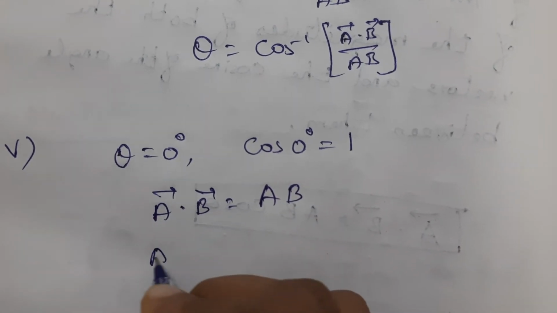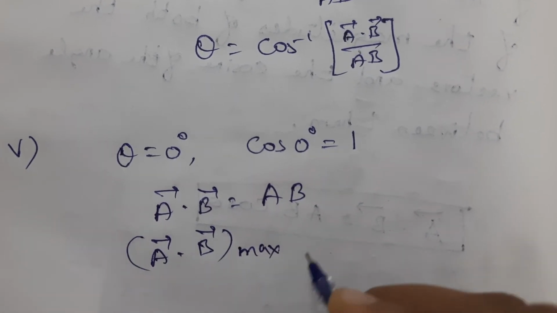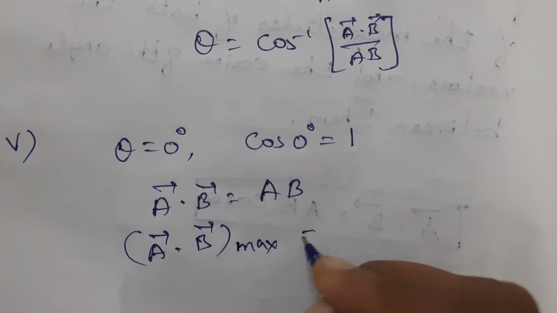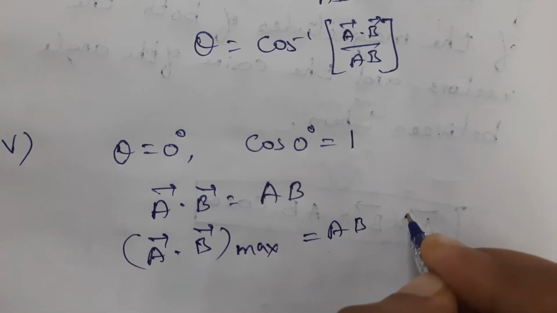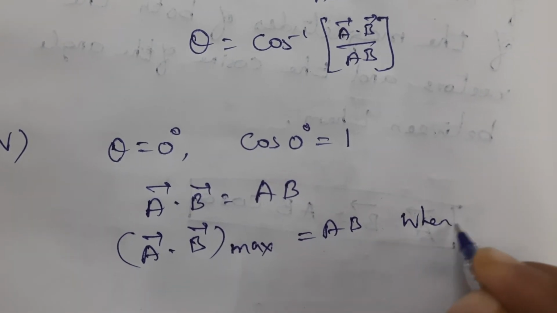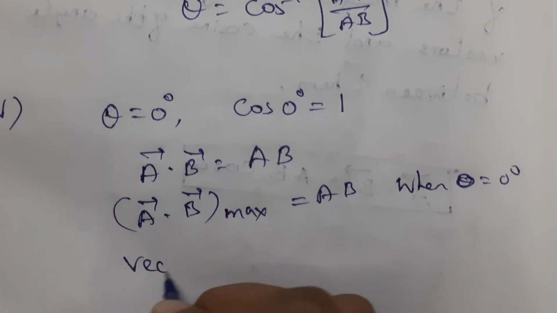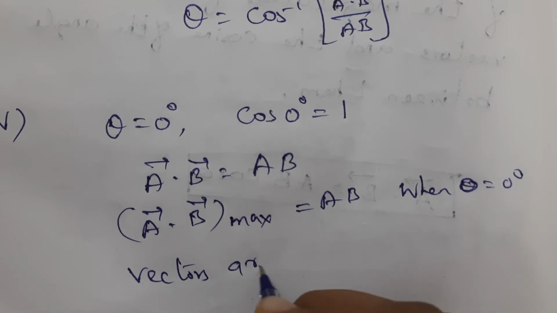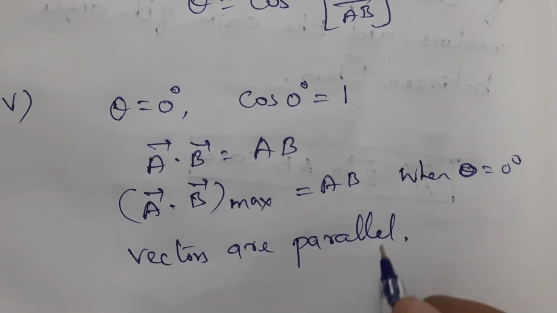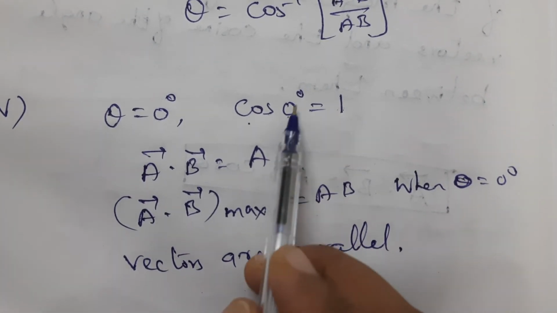That is, A dot B has the maximum value when cos theta equals 1, that is theta equals 0 degrees. That means the vectors are parallel.